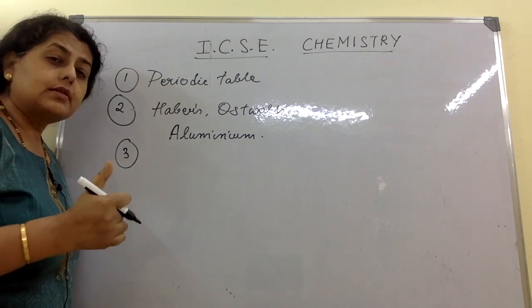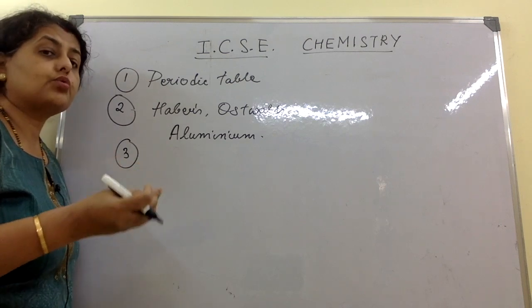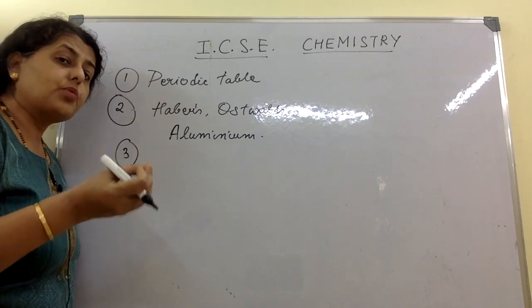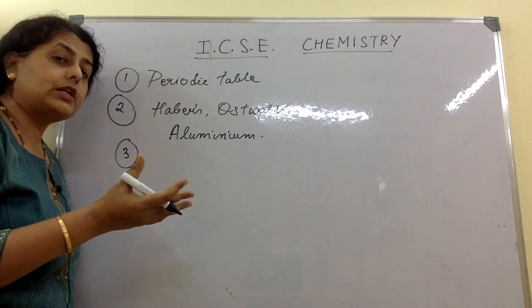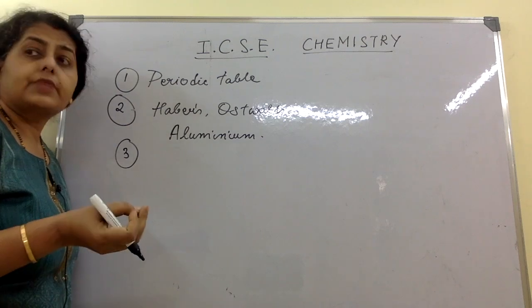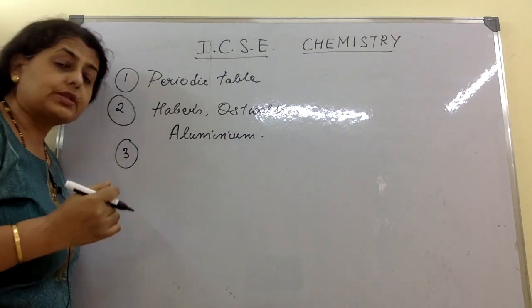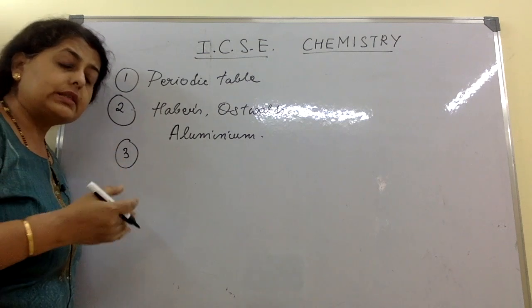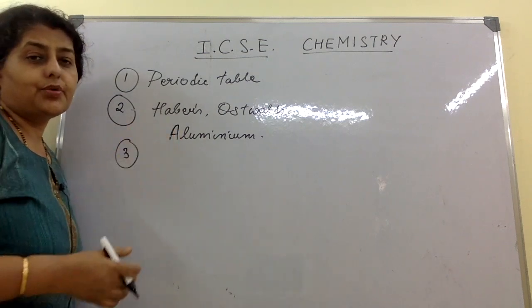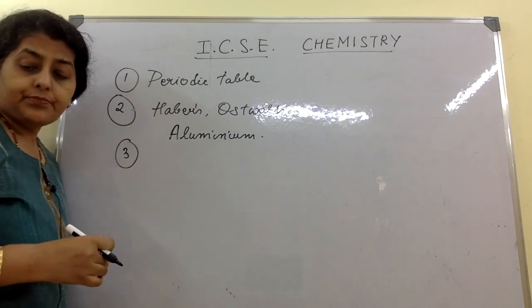Why Al2O3, which property of Al2O3 is brought into use here? Because it is an amphoteric oxide. So how is it useful in this process? All these questions are very important here. And of course in electrolysis, the equations.